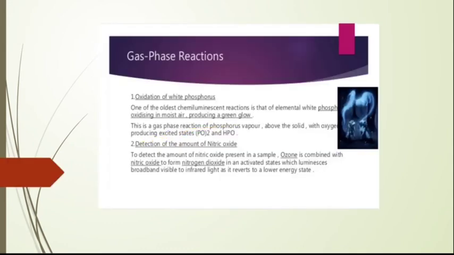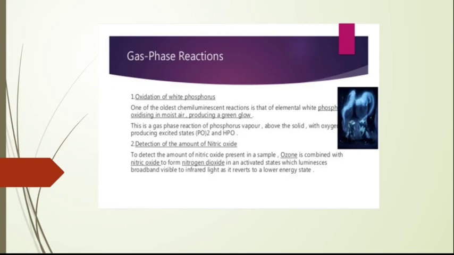And the gas phase reactions include the oxidation of white phosphorus, besides the reactions of hydrogen, nitrogen and oxygen. In the same way, phosphorus also shows chemiluminescence after oxidation. One of the oldest chemiluminescent reactions is that of elemental white phosphorus oxidizing in moist air, producing a green glow. This is an example of gas phase reactions.